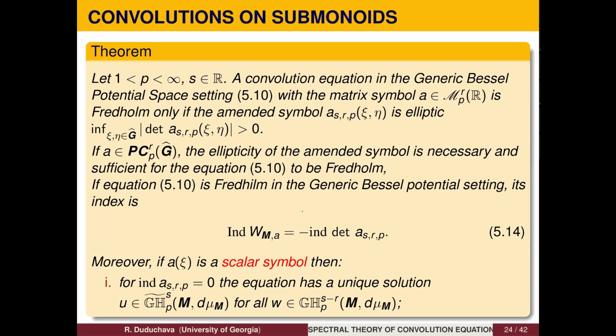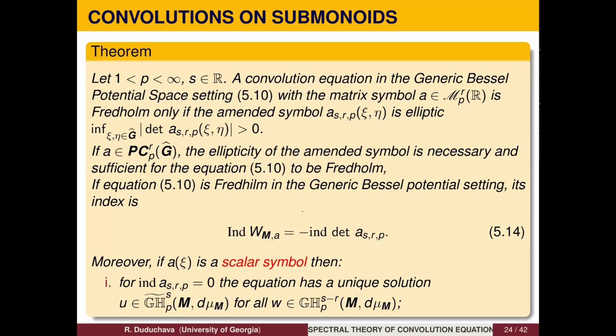If the symbol is piecewise continuous of order l, the ellipticity of the amended symbol is necessary and sufficient for the equation to be Fredholm. If the equation is Fredholm, the index of the operator is non-trivial and is equal to minus the index of the amended symbol. It's just the same as for the classical Wiener-Hopf operators.